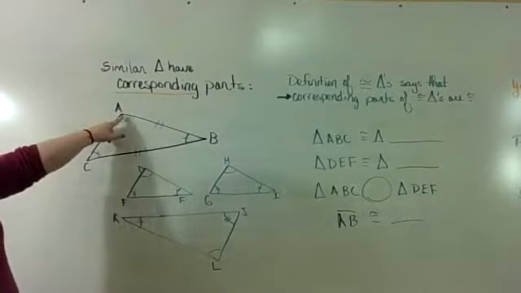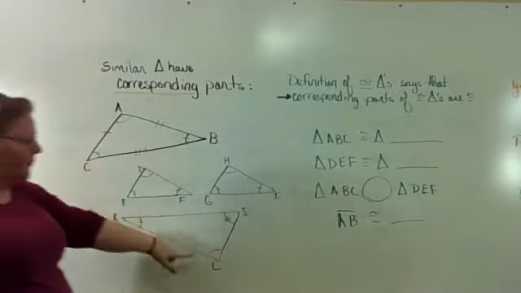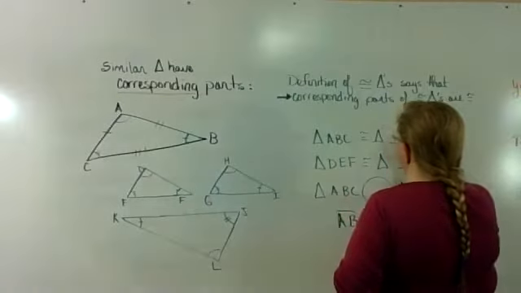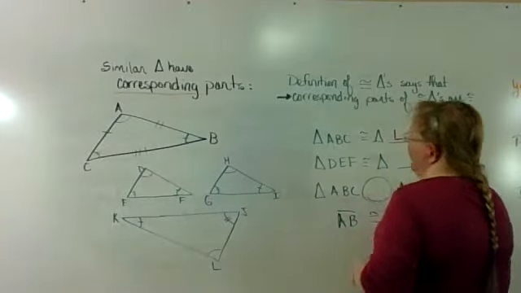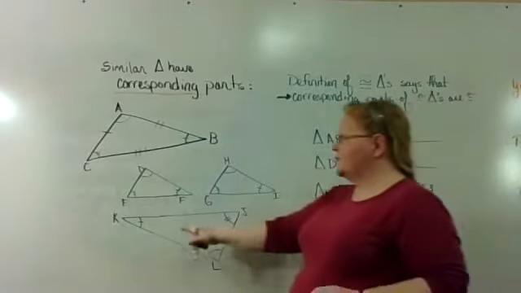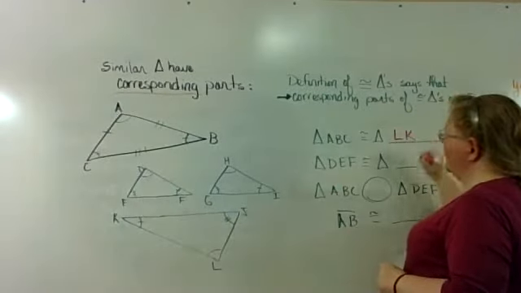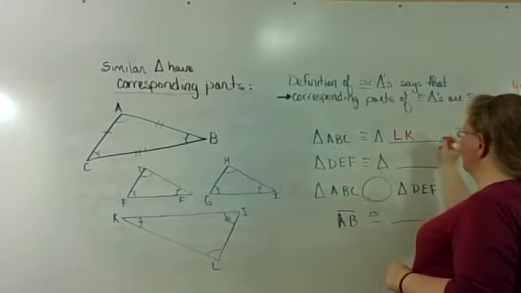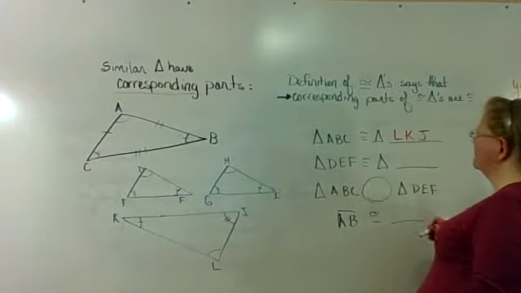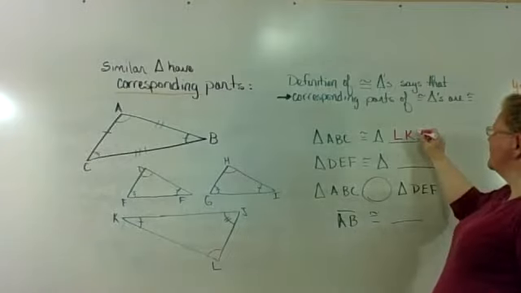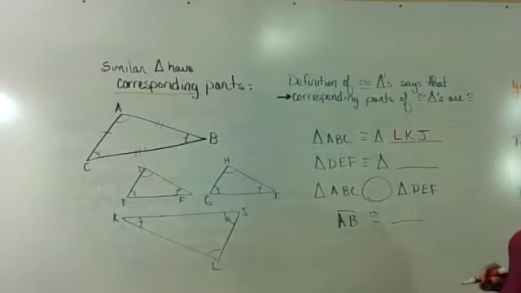So where my A is corresponds to where my L is. So that has to be my first letter. And then my B corresponds to where my K is. And my C corresponds to where my J is. So it's triangle LKJ. It's a J, I promise. I got a little curvy with it, but it's a J.